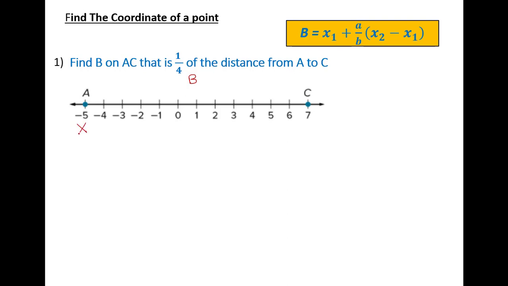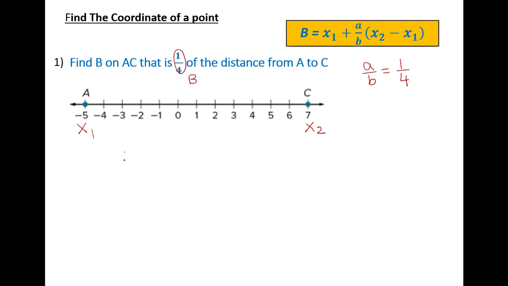So, what is my x1? My x1 is the initial point, which is -5. My x2 is the final point, which is 7 here. My a over b is the fraction, which is 1/4.